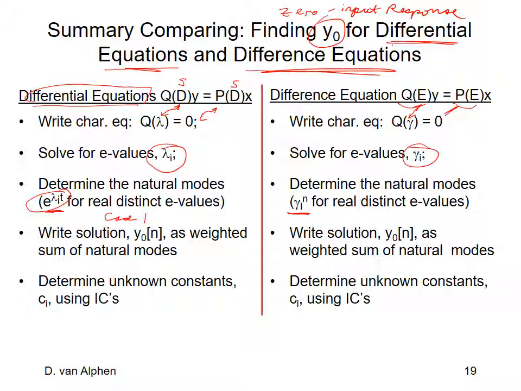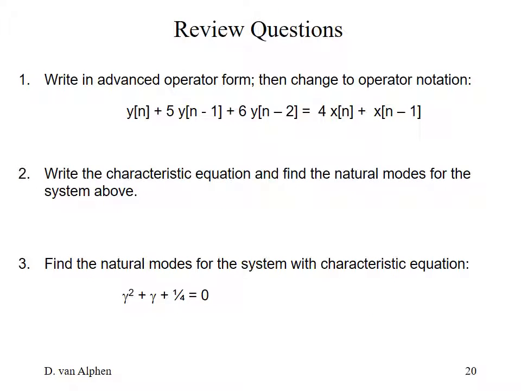And then in your other class, in 350, you said the zero input response is just the weighted sum of the natural modes. Well, that's exactly the same as what we do in this class. And then you find the unknown constants, the c sub i's, the coefficients, using initial conditions. That's exactly the same. So really, this is probably 80% the same as what you did in your 350 class. Hopefully you learned that really well in 350.